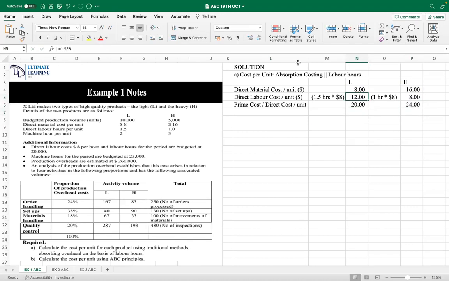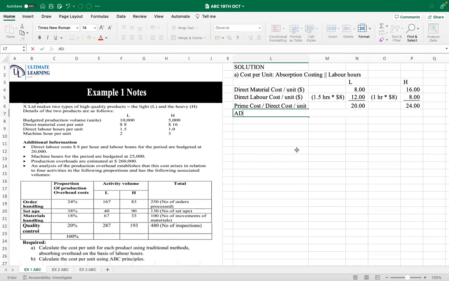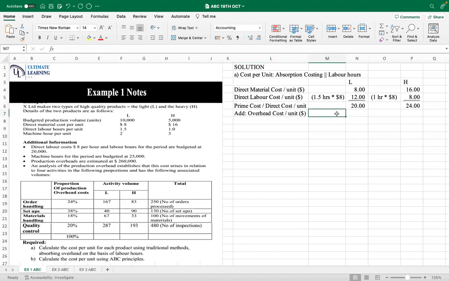You are told the accounting treatment, whichever method you use, is the same. Now, after you have got the prime cost, you come and add overhead costs. Overheads are indirect costs. Overhead cost per unit, which of course is again in dollars. Now here, we'll have to do some workings.